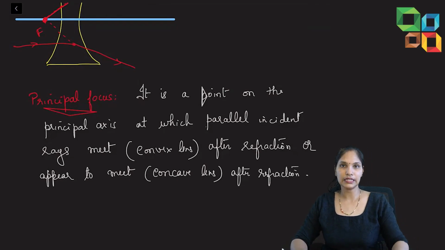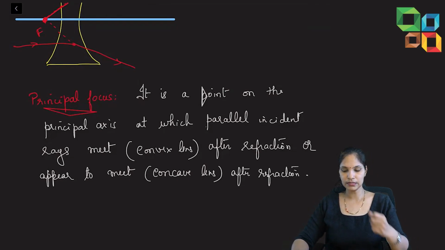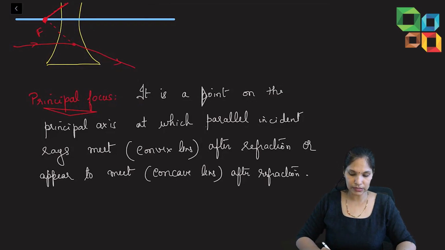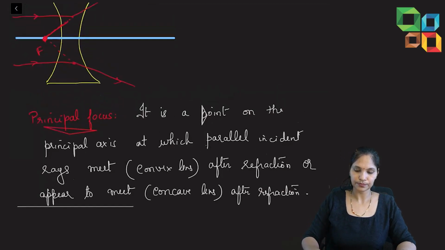Or you can even write it like this: it's a point on the principal axis where the refracted rays meet in the case of convex lens or appear to meet in the case of concave lens when parallel rays are incident on it. So that's also fine. So that is principal focus.